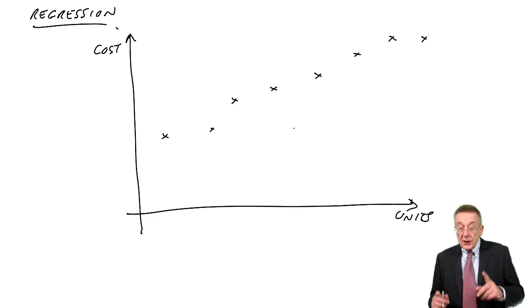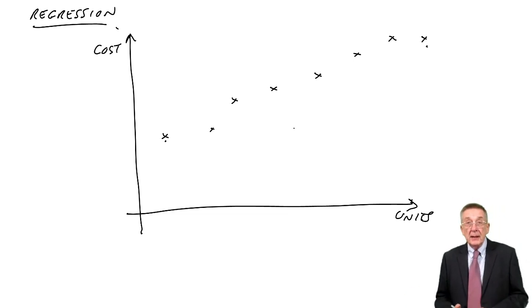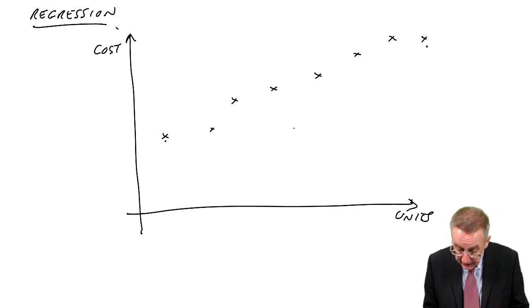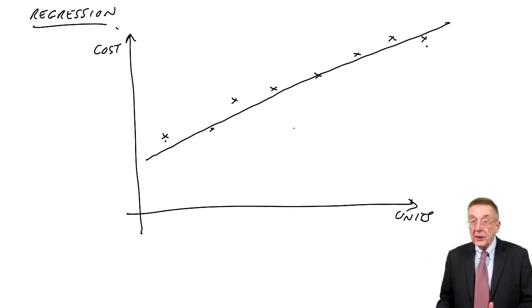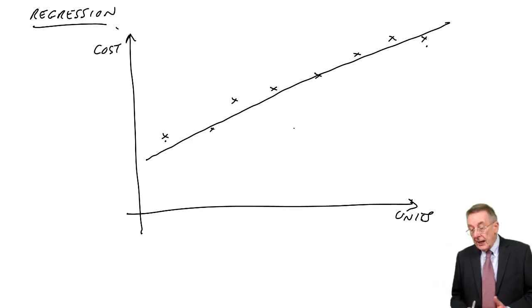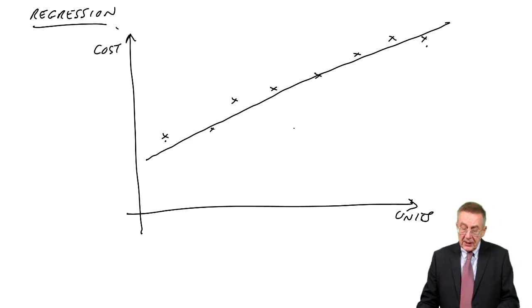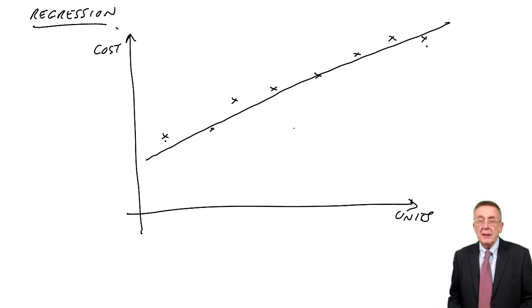Well, what we do with regression, instead of just taking the highest and lowest and joining them up, we find the line that most nearly goes through all the points. Doing it by hand, we could argue all day whether that's the line or whether it's slightly different.